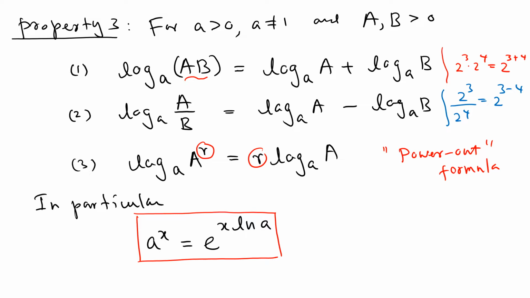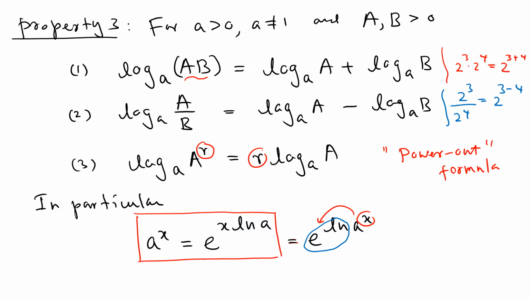We have a base a and you use e, that's why you have ln a. You can also write this as e to the ln of a to the x.